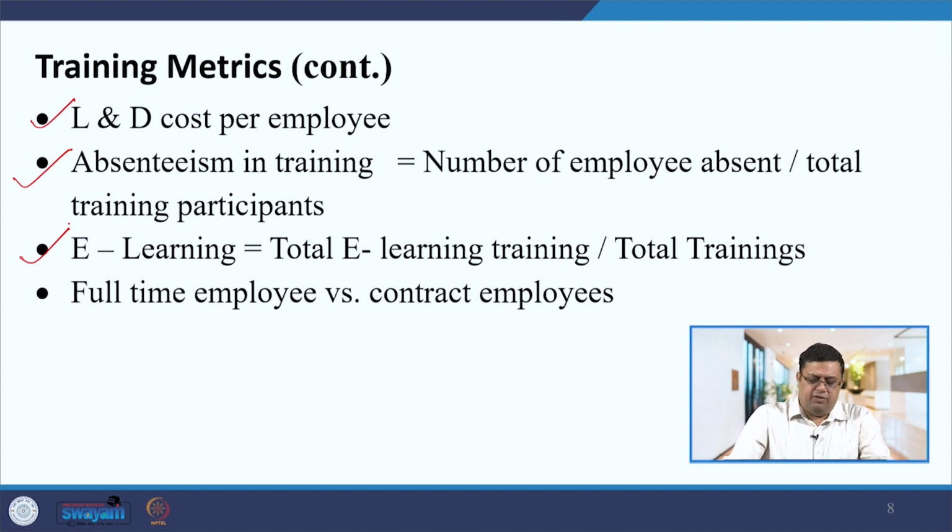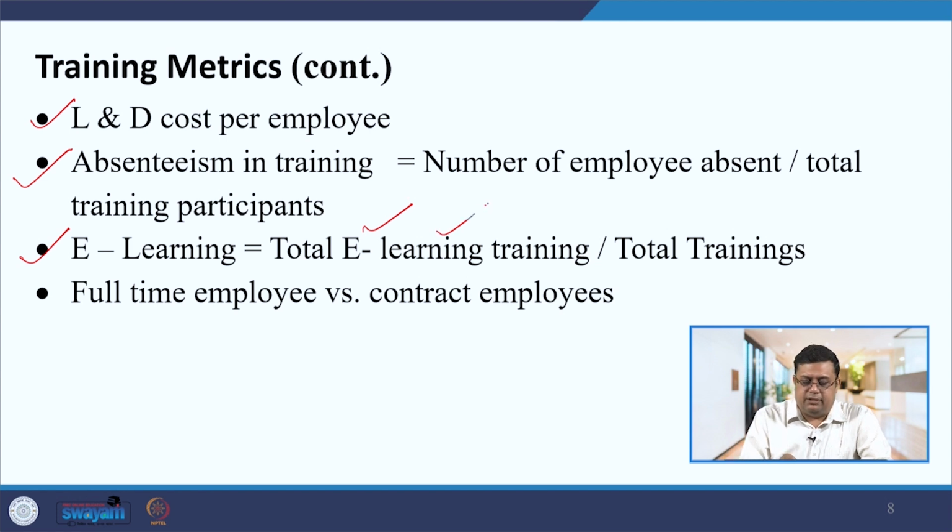In the same way, private organizations can also develop certain recorded sessions, and they can ask employees to attend those sessions online, or recordings can be given, and after that they can do their job effectively. In an upcoming session we will discuss this in more detail, but as of now you can understand how many hours of e-training you are giving, right.